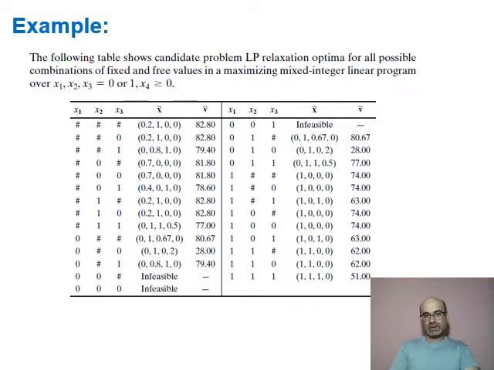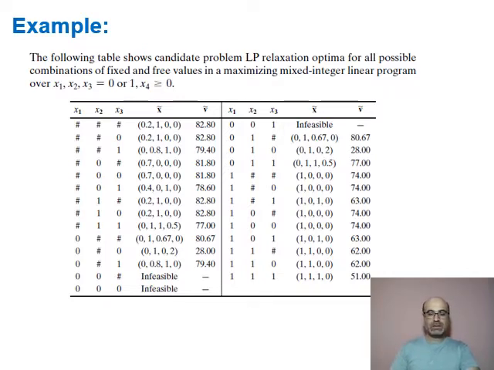So we must be careful with x4. We are not enforcing x4 to be 0 or 1 or an integer value. It's greater than or equal to 0. It's continuous. In this table, all the solutions for all possible LP relaxations are given to us.